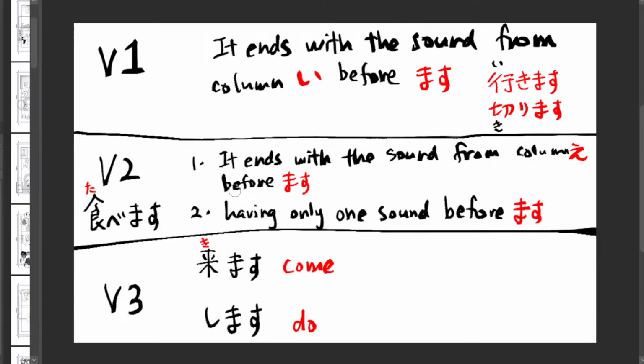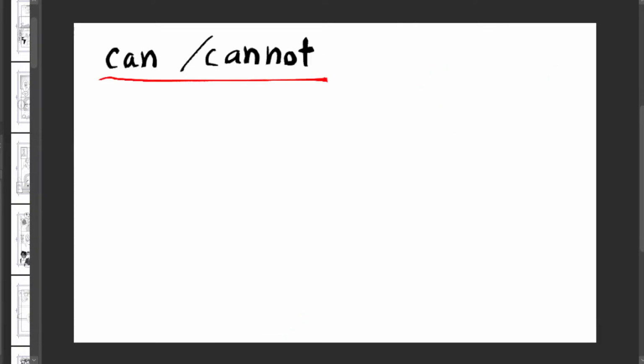Now that we know which verbs belong to which group, we can go to how to say can and cannot in Japanese. Let's say from V1 we have ikimasu, which means go.